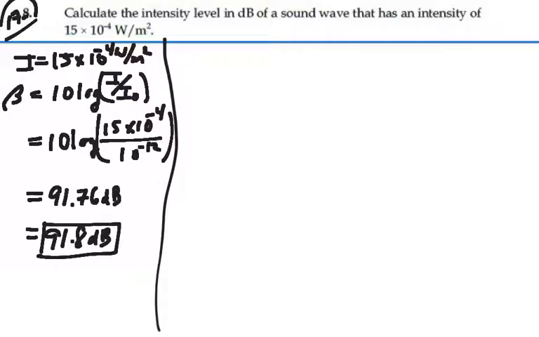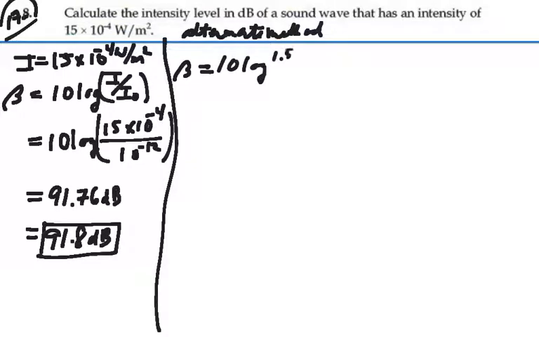Let's try an alternate method. Not necessarily better, just an alternate method. So if we were to use this intensity, we would say the intensity level is 10 log 1.5 times 10 to the minus 3 actually over 10 to the minus 12.